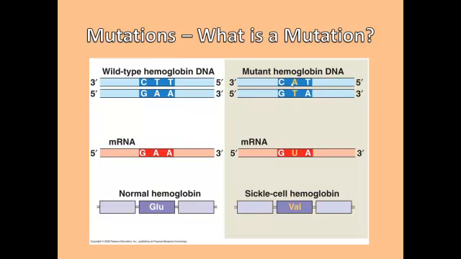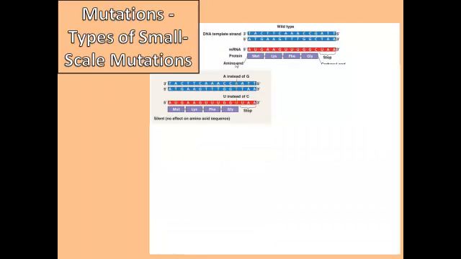Let's look at the different types of base pair substitutions that occur. So here is an example of a wild type code of DNA and the protein that results. So here we have an A instead of a G in this position. In the wild type gene, a glycine occurs in the protein here.